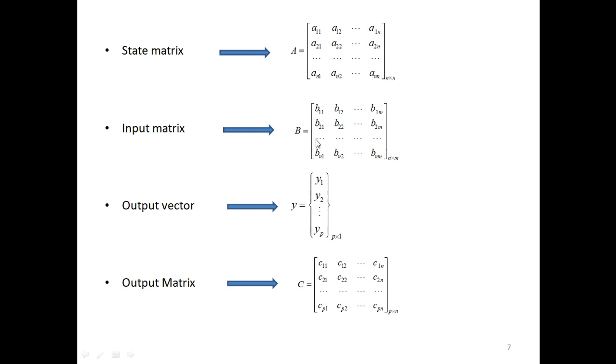The input matrix is of order n by m, represented by B. The output vector Y is again a column vector, and the output matrix C is of order p by n.